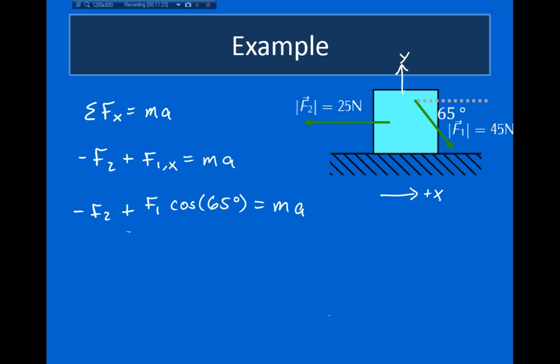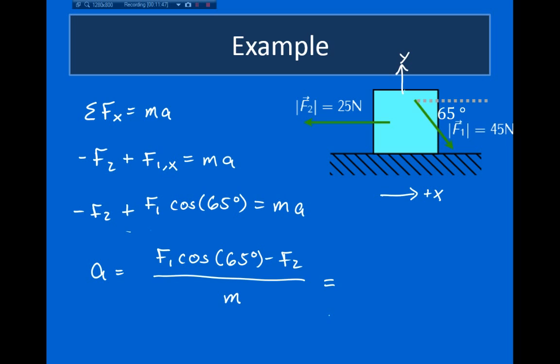I was asked to solve for the acceleration, so we get a is F1 cosine of 65 degrees minus F2, divided by the mass. And again, if I plug all these numbers into a calculator, I see that this is going to be equal to, let's see, where's my cheat sheet?